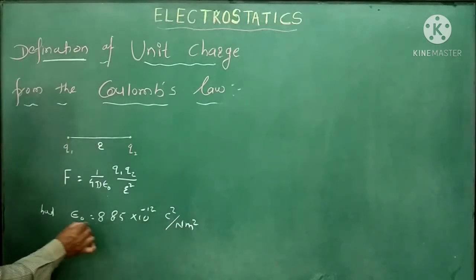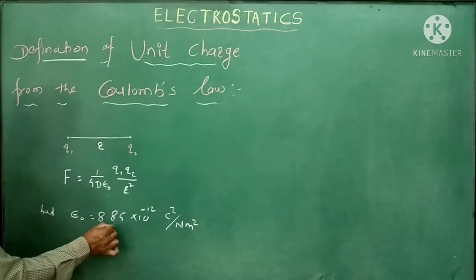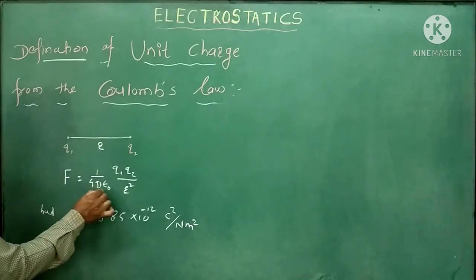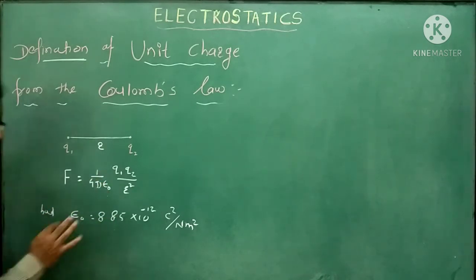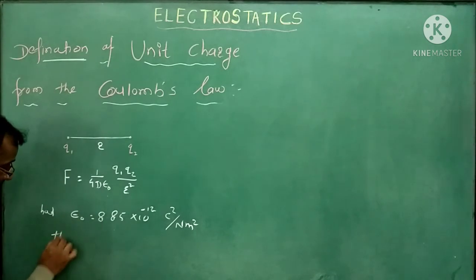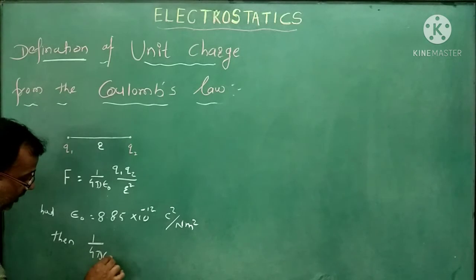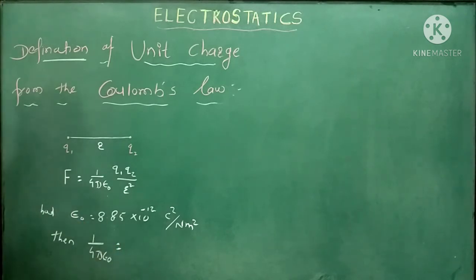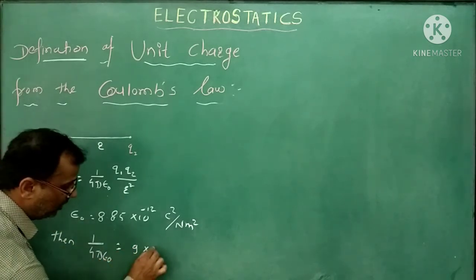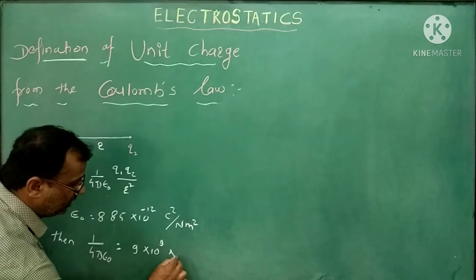So this is the value of epsilon 0. If we substitute this value, the value of 1 upon 4 pi epsilon 0 is equal to another standard value, that is 9 into 10 raised to 9 Newton meter square per coulomb square.